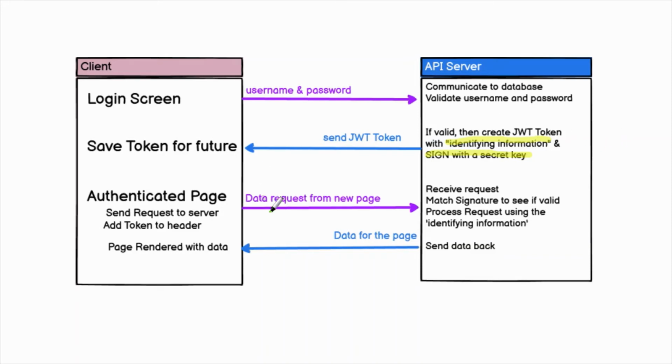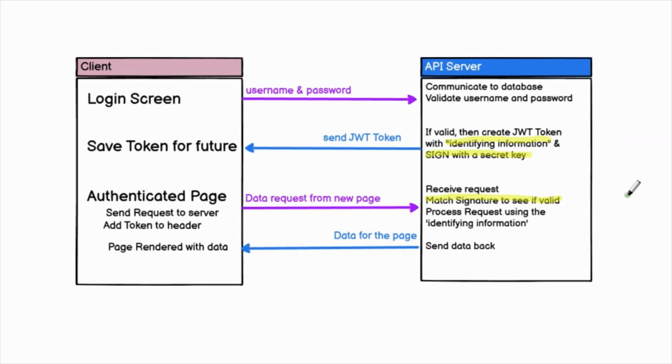When the request is received, the first thing the server does is match the signature to see if it is valid. If the signature is valid, the request is processed. If the signature is not valid, that means the token was changed at the client end, so the whole request is rejected.